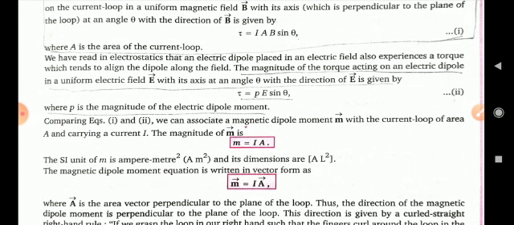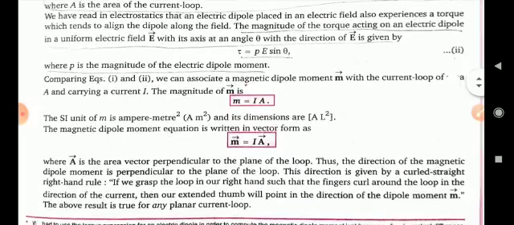The dimension of current is A and area is L square. The SI unit of M is ampere meter square, because I represents current, whose unit is ampere, and area is length into breadth, that is meter square, and the dimensions are AL square.